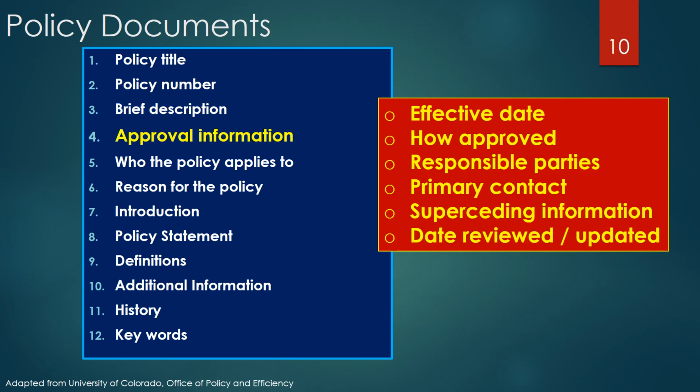The fourth section is approval information and includes the date the policy or revision takes effect, who approved the policy, the responsible individual, office, department, agency, etc., primary policy contact information, including email, address, phone number, etc. List policies this current policy supersedes, if any. State when the policy was last reviewed or updated as applicable.